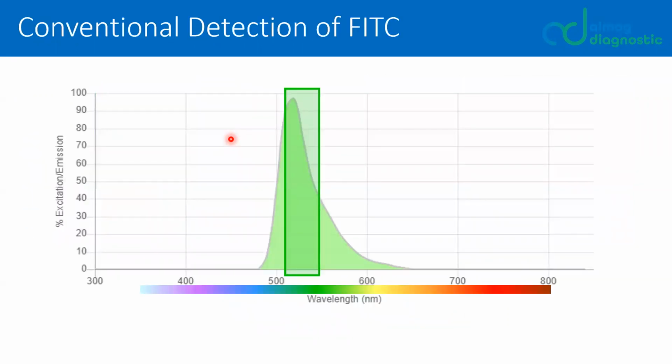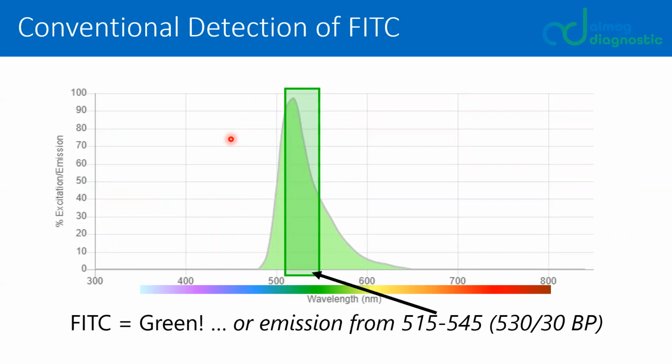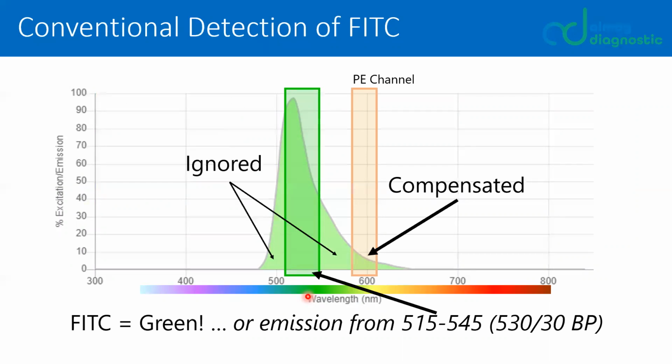Let's take, for example, the FITC emission spectrum and the detector bandwidth. When using conventional flow cytometry, the detector only captures the peak emission of FITC, so it makes us assume that FITC is green. Anything that is outside of this detector is either being compensated or ignored.